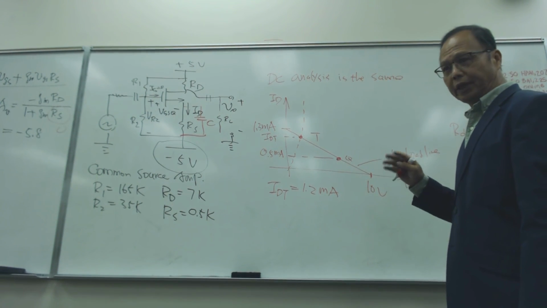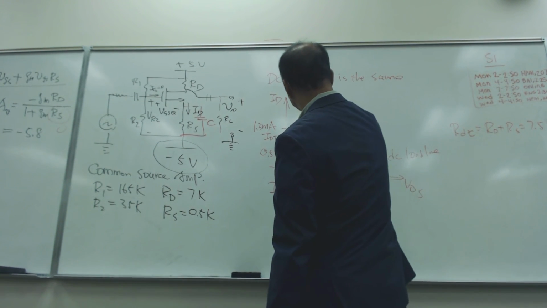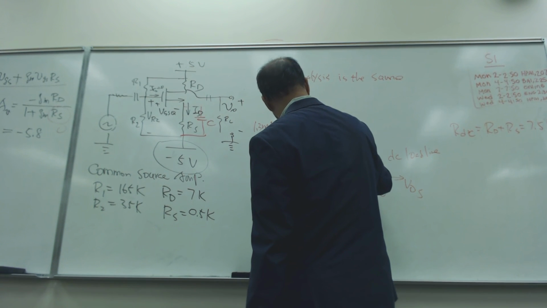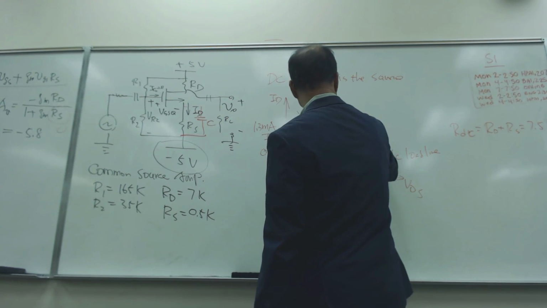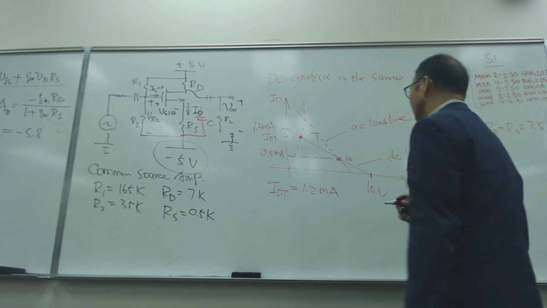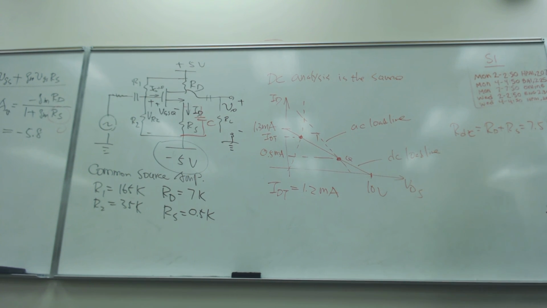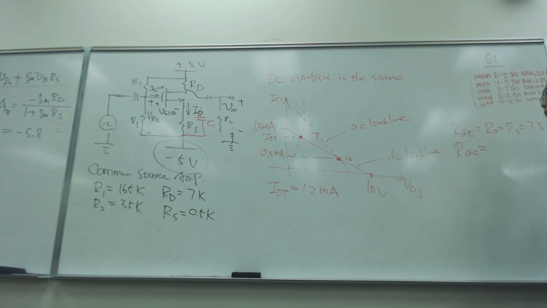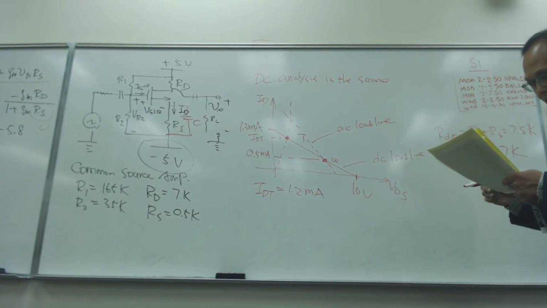Now I'm going to put the AC load line. So R sub AC now is R sub D, which is equal to 7K, correct? Is it 7K? Possibly.